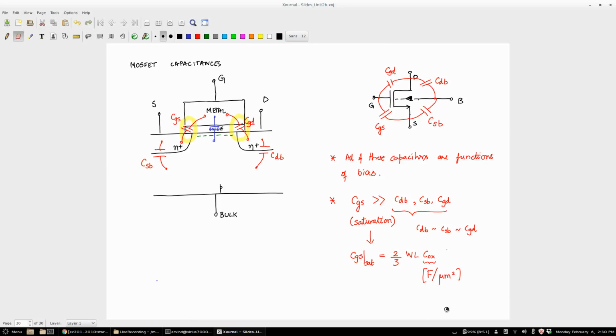If you biased it in linear, you got a very bad gm. Biased in saturation, you got a good, high value of gm. Similarly, all these capacitors are functions of bias. But for this course, we will make some simplifications and proceed, because even with these simplifications, it is fairly messy.